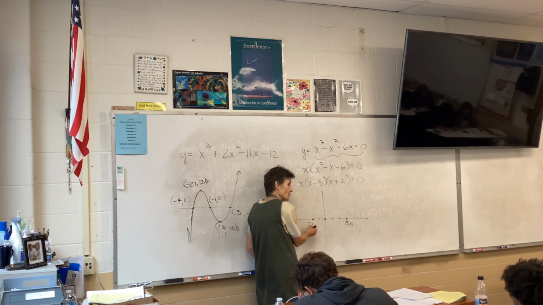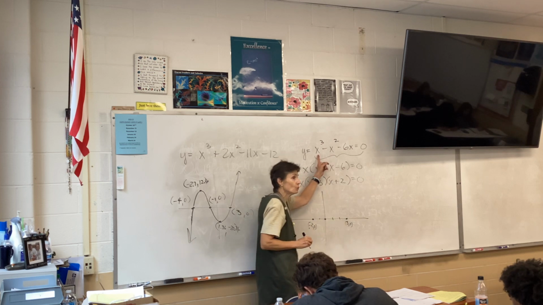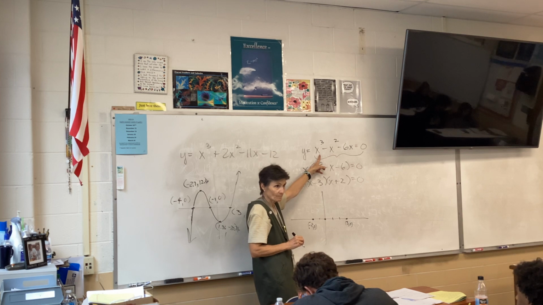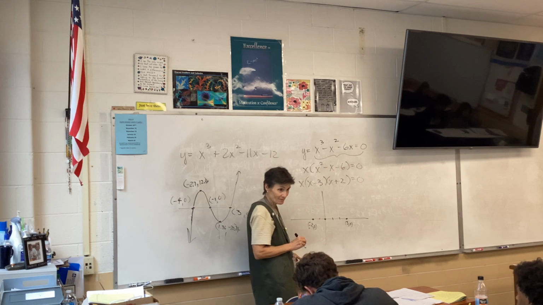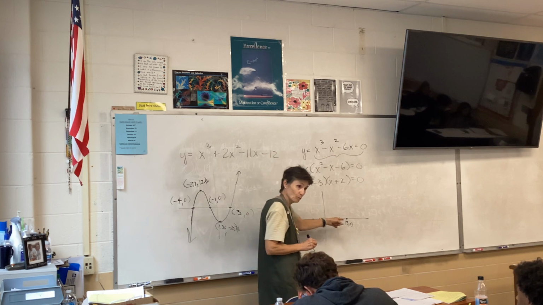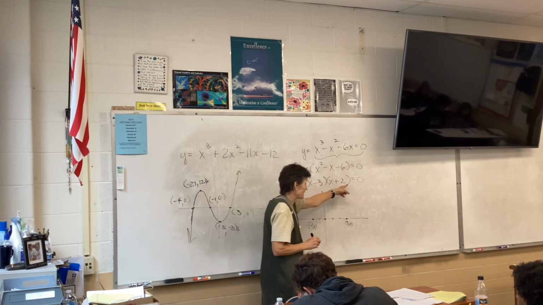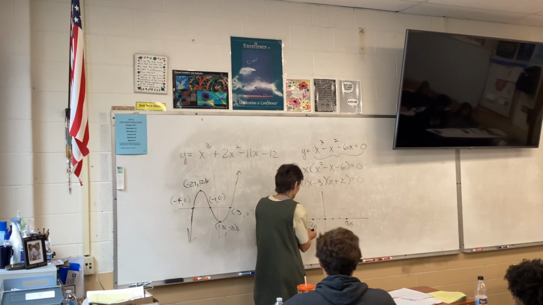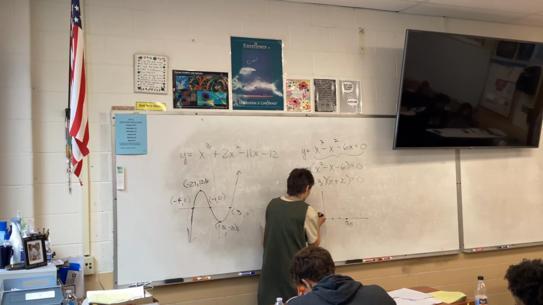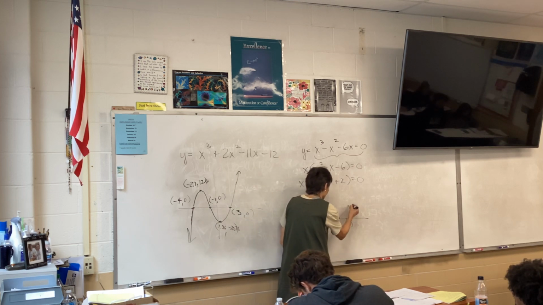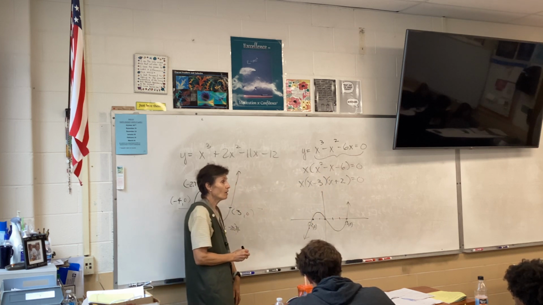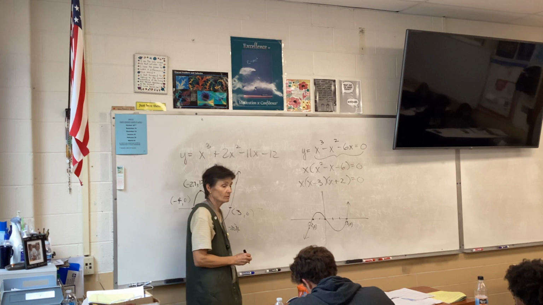We also know that it is a cubic with a positive leading coefficient, so we know it starts down here, and it has to go through all of those points, and it has to end up here. So I think you know what it looks like. Not hard at all.